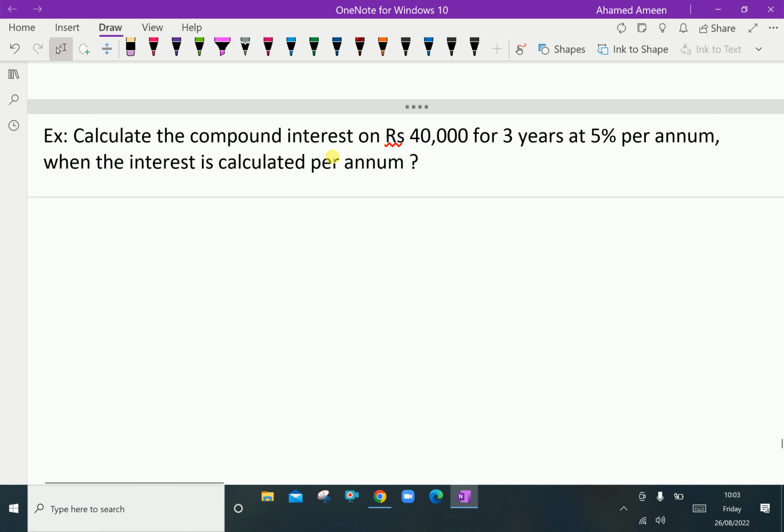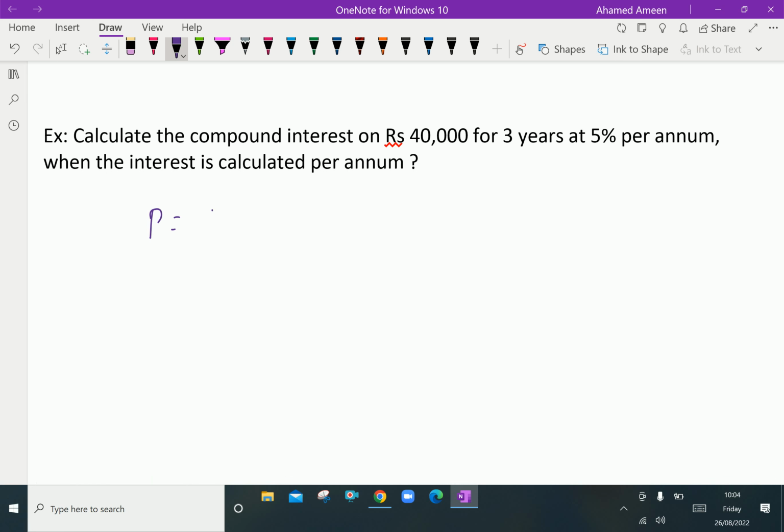Calculate the compound interest on rupees 40,000 for 3 years at 5% per annum when the interest is calculated per annum. Here the principal amount deposited P equals 40,000, rate of interest R equals 5%, and the number of years n equals 3 years.